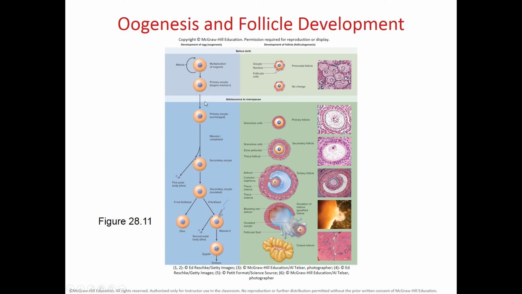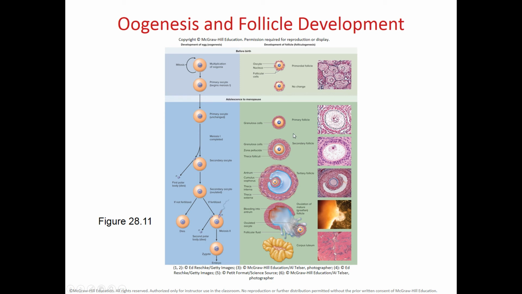Once we are born and under the influence of FSH, these primary oocytes can resume meiosis. So under the influence of FSH, these primary oocytes will become secondary oocytes. And if you see on this part, the secondary oocytes are going to be much bigger.